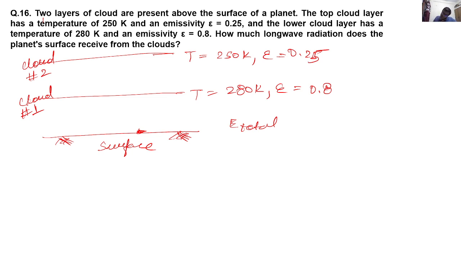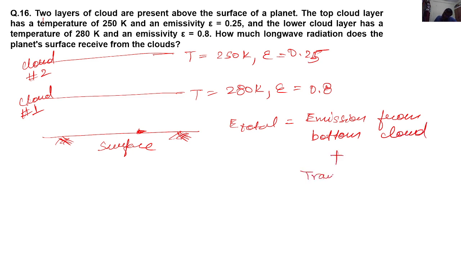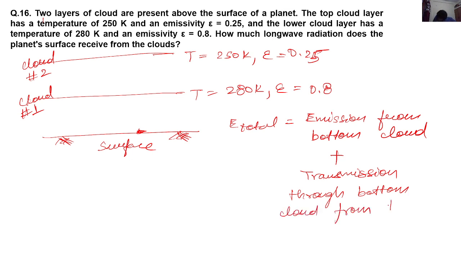So it's basically emission from the bottom cloud plus transmission through the bottom cloud from the top cloud.